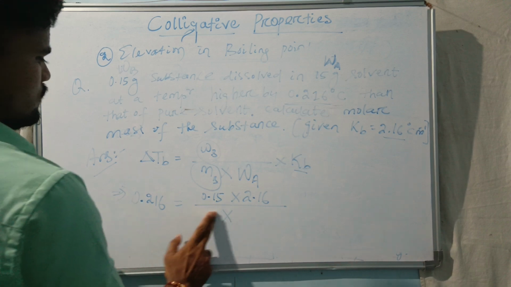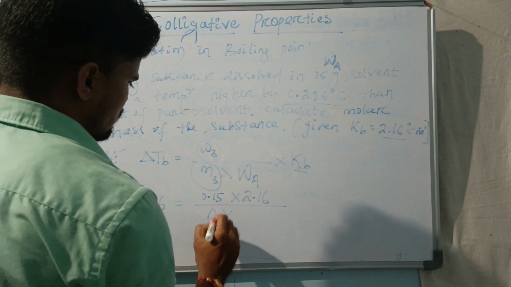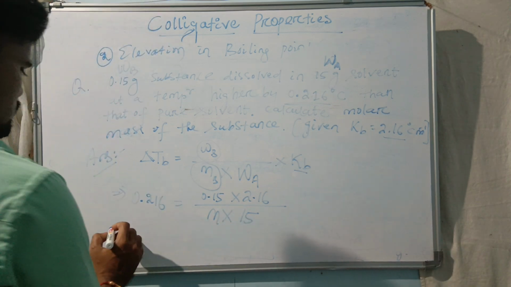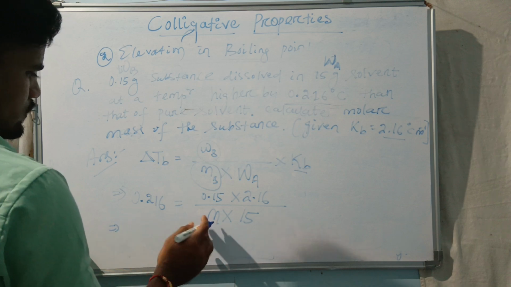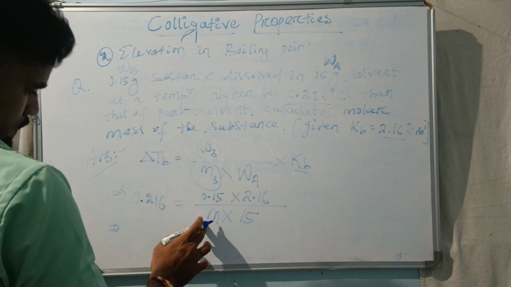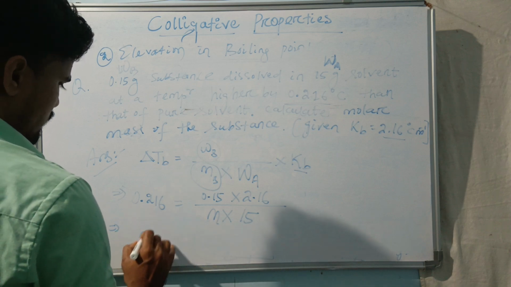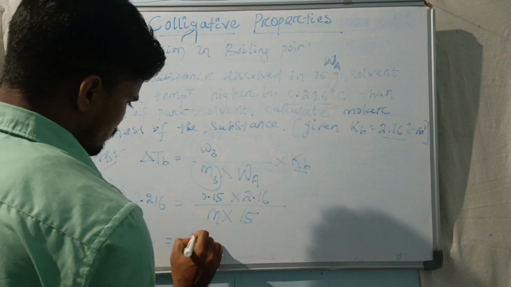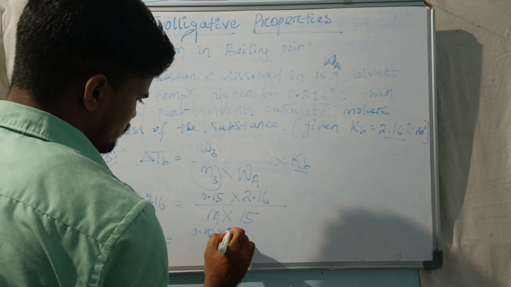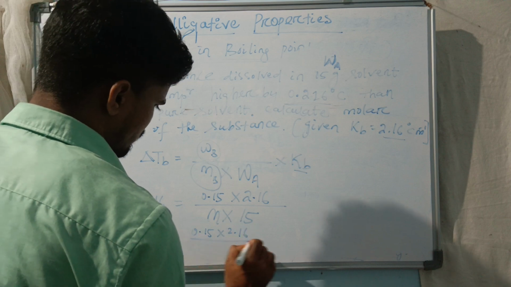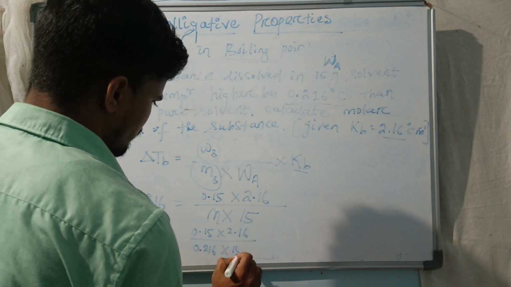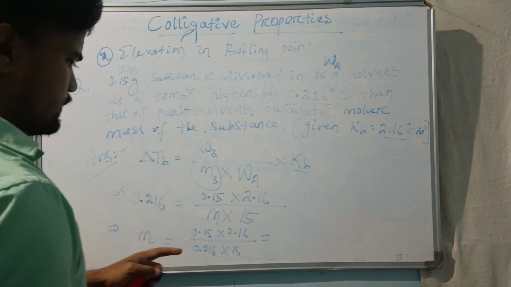So this is the 15, right? Now calculate: if you move M to this side, M is equal to 0.15 into 2.16 divided by 0.216 into 15.